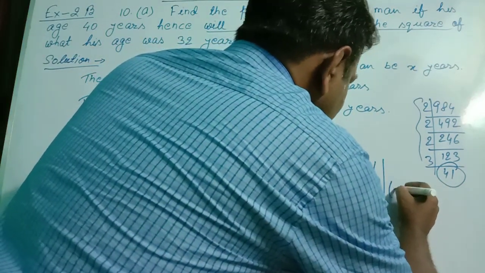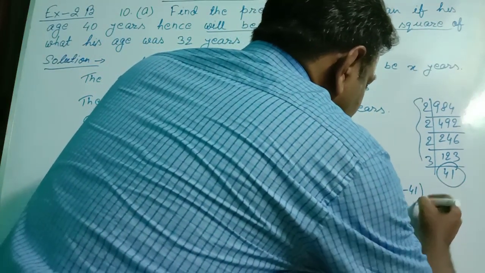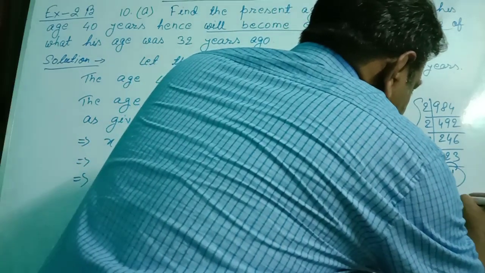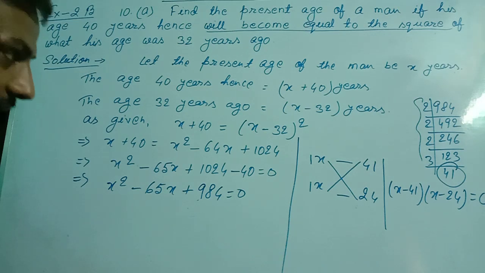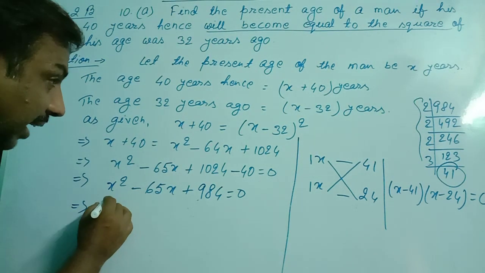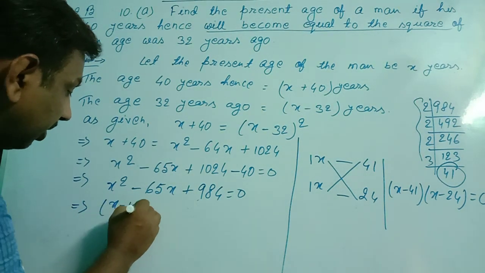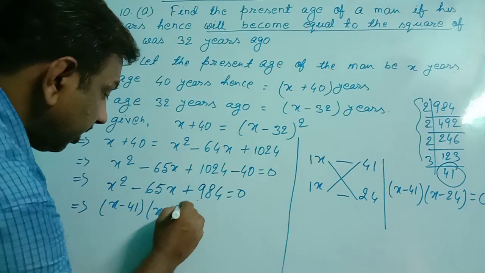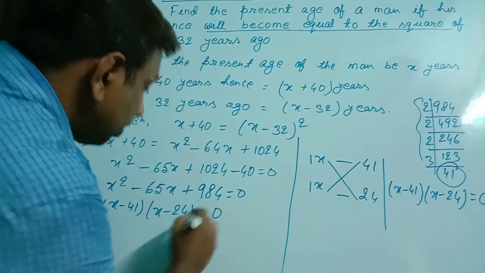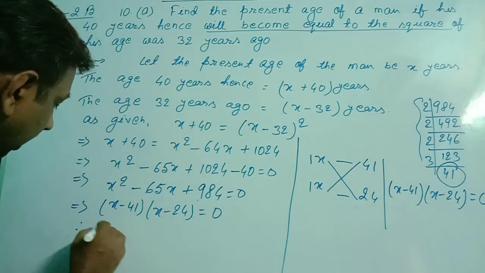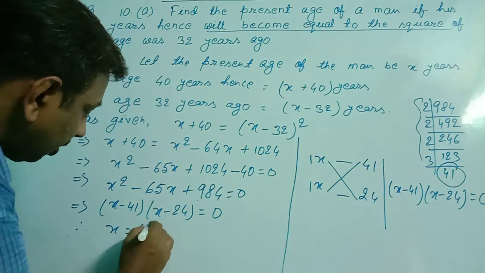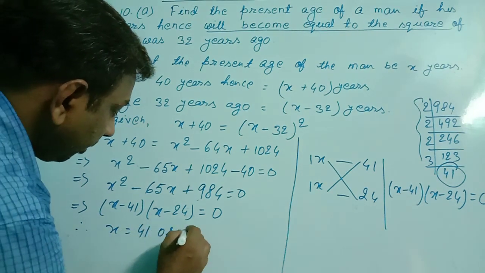Our factors are x minus 41 into x minus 24 equal to 0. That was the trick. Therefore x equal to 41 or 24.